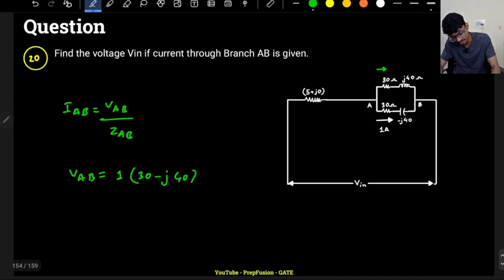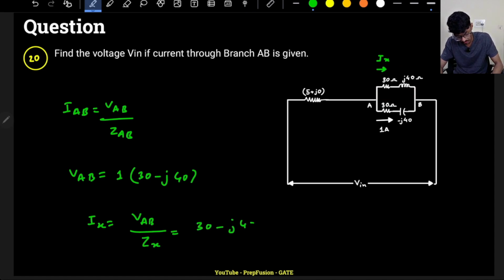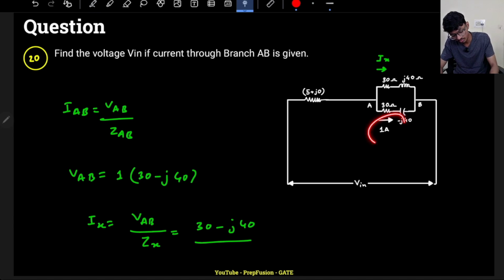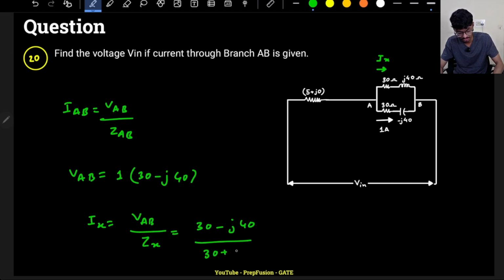Now can I find out this current? Yes, I can find out this current Ix. Ix will be VAB divided by, this is a different impedance, this is ZX. So VAB is 30 minus j40. As they have not provided any reference, I have assumed this to be 0 degrees. So ZX is how much? 30 plus j40.